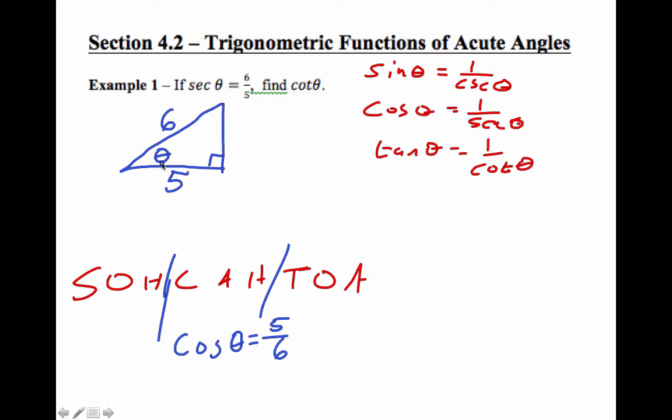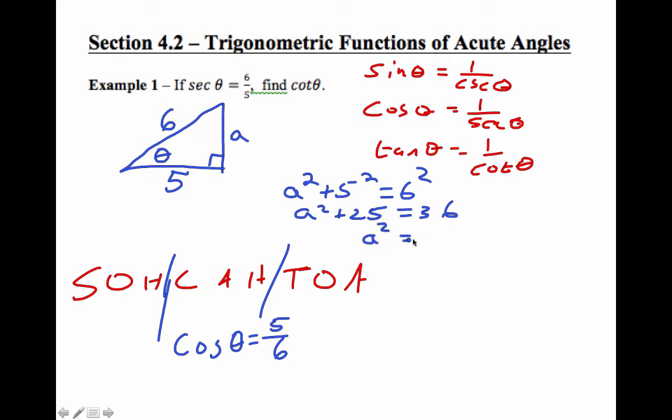We can use the Pythagorean theorem and find this side over here. If we call that, I don't know, maybe A, I'm going to have A squared plus 5 squared equals 6 squared. A squared plus 25 is 36.